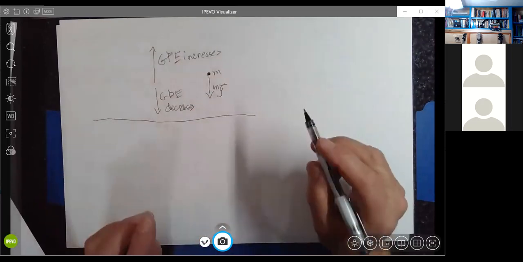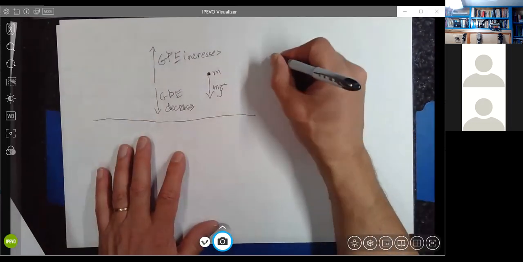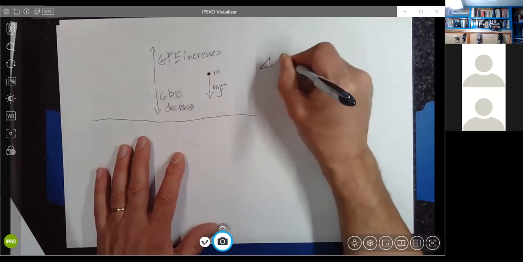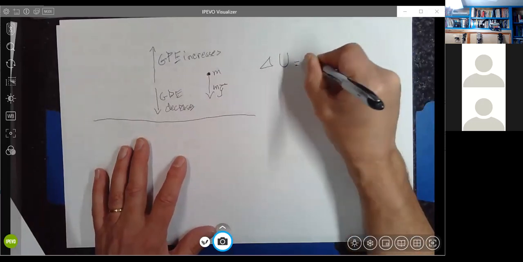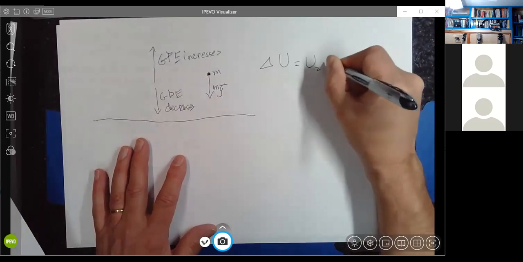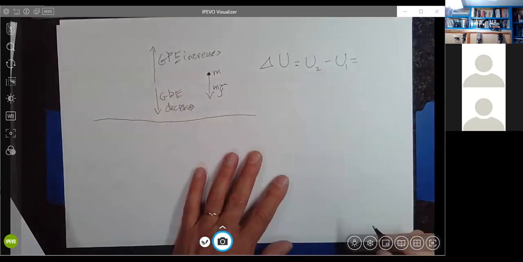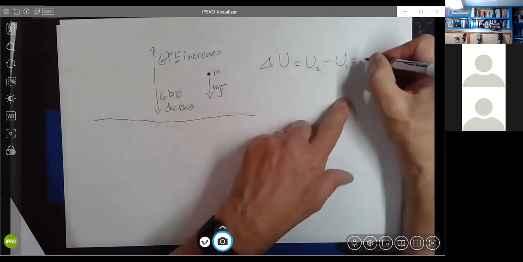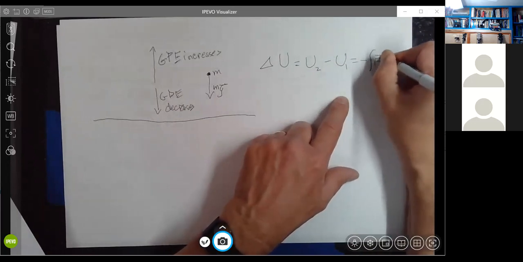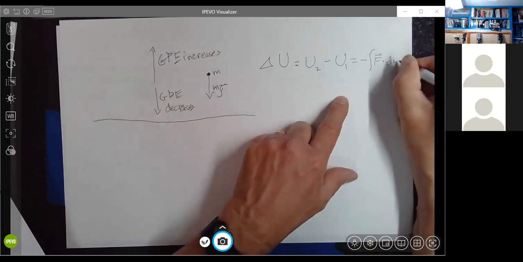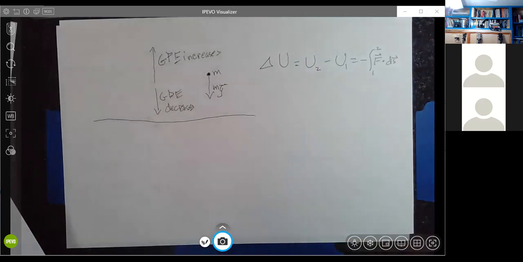And a rough definition of changes in potential energy between 2 points, and actually it's not so rough, it's carefully defined. If you've got a delta U, the difference in potential energy between point 2 and point 1 due to some force, it will be the negative of the work done by the force, F dot ds, as you go from point 1 to point 2.